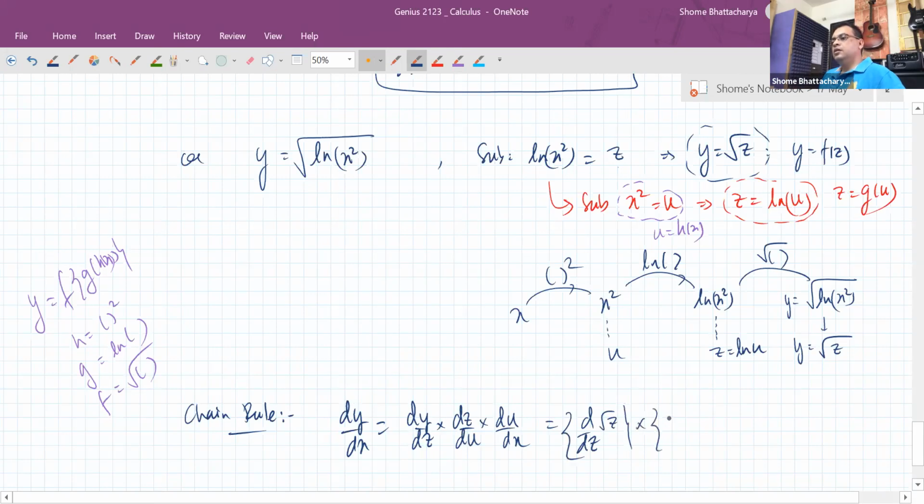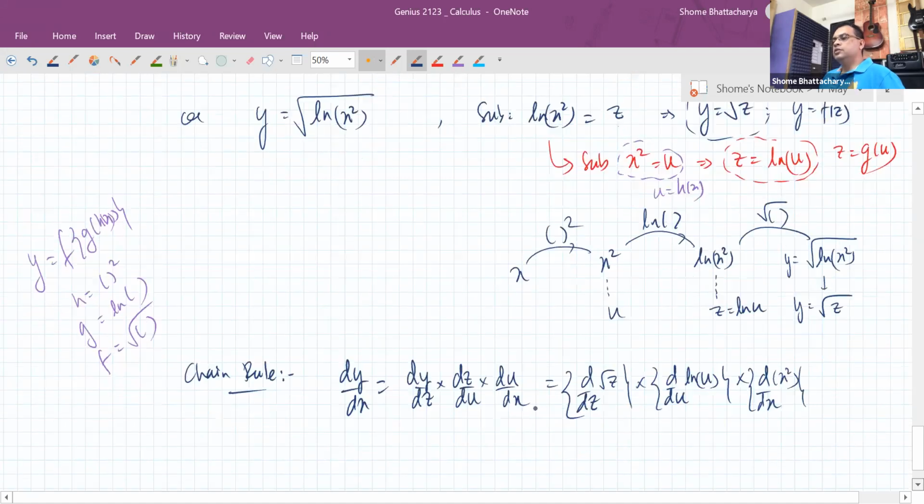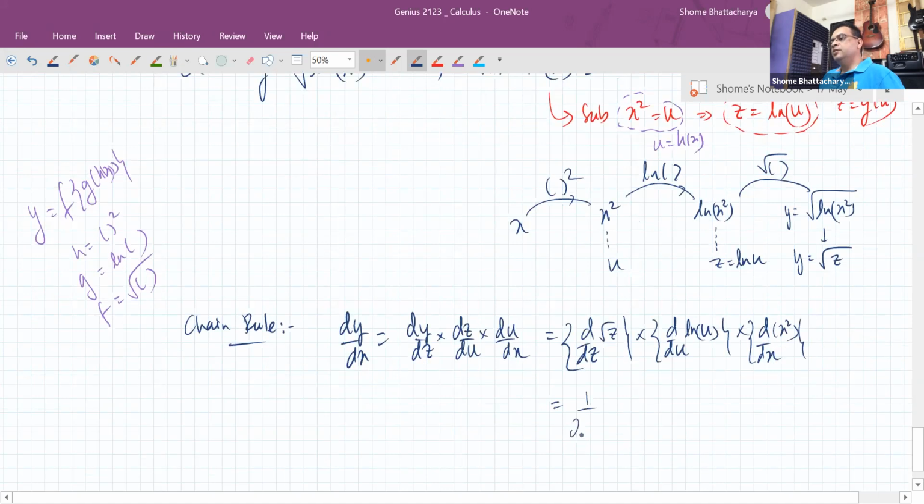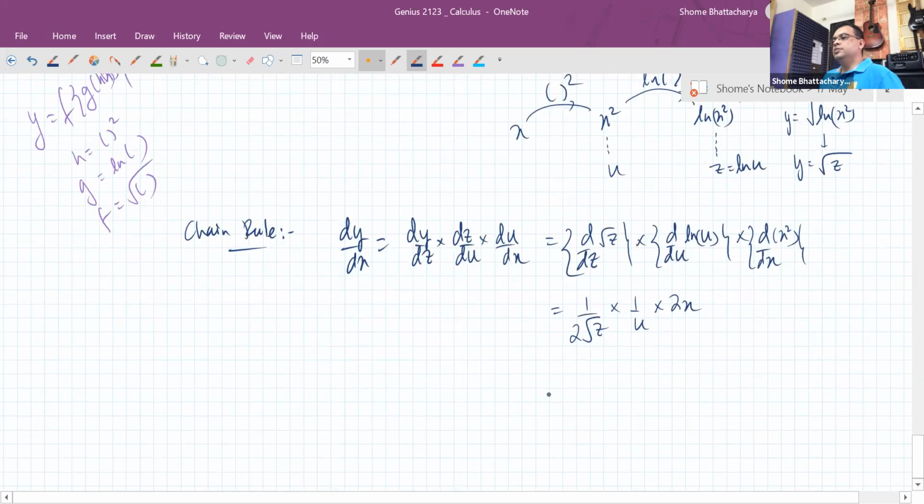So this will become differentiation with respect to z of square root z, multiplied with differentiation with respect to u of ln u, multiplied with differentiation with respect to x of x square. Let's see what this will give us. So 1 by 2 root z into 1 by u into 2x. Now let's do the resubstitution.